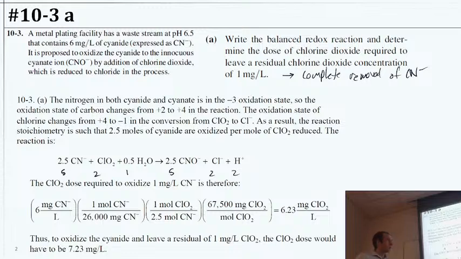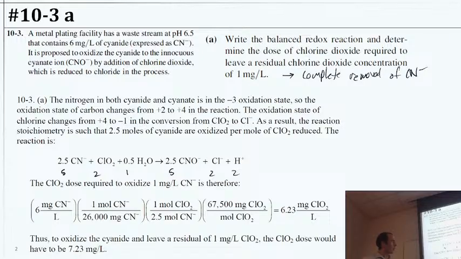The ClO2 dose required to oxidize 1 milligram per liter. If we just check for 1 milligram per liter, we could find that. Yeah, and we have 6 milligrams per liter. Why is it saying for 1?